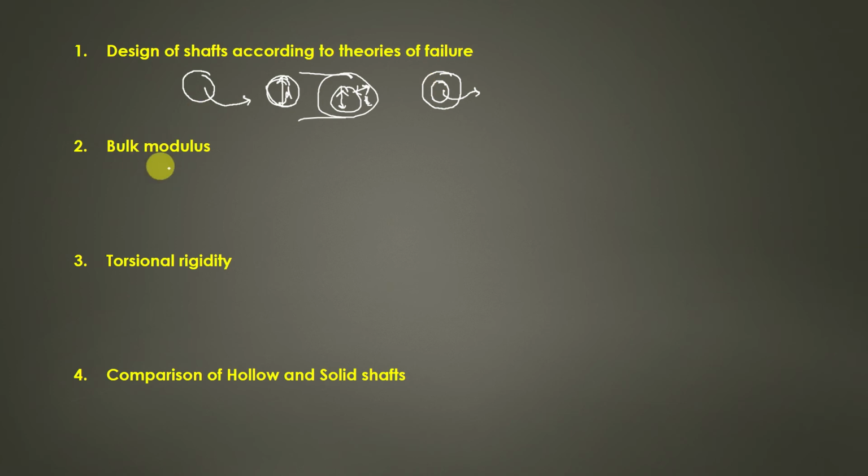Bulk modulus, also known as polar modulus. It is denoted by Zp, and it is the ratio of polar moment of inertia to the radius of the shaft, right?